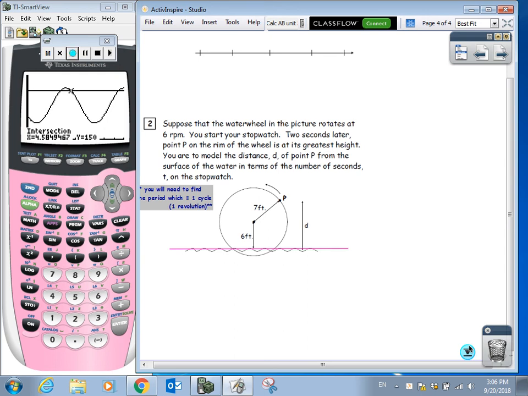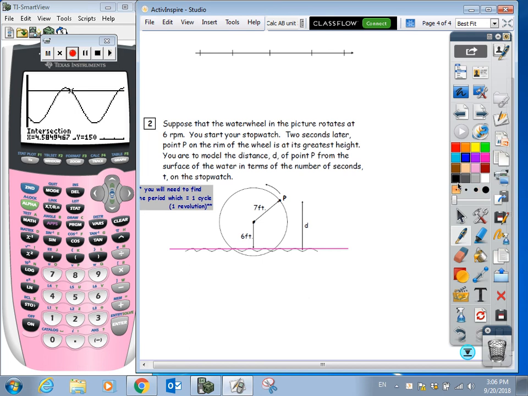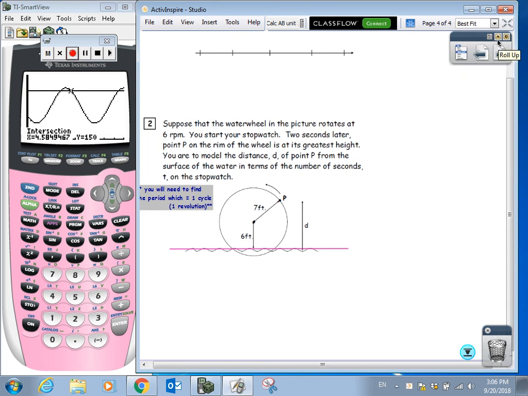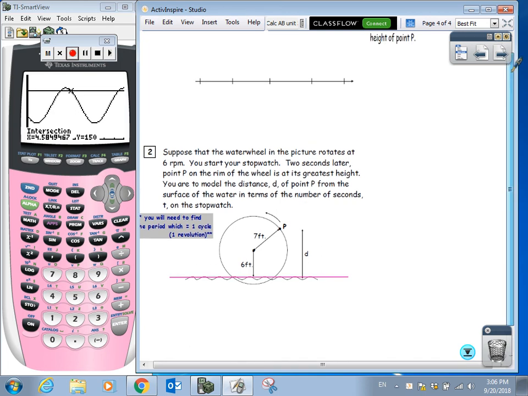No, so its low point would be raised a little bit. But a car tire or a bike wheel, that would hit the ground, so it would be right at 0. So just something to kind of think about while we're doing these problems. Now, this one does not require you to solve anything about it, so we don't even need a calculator on this problem, I don't think.